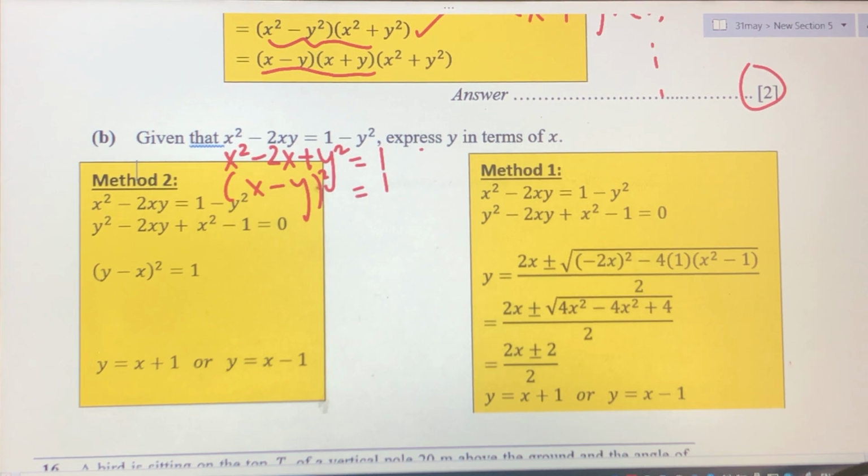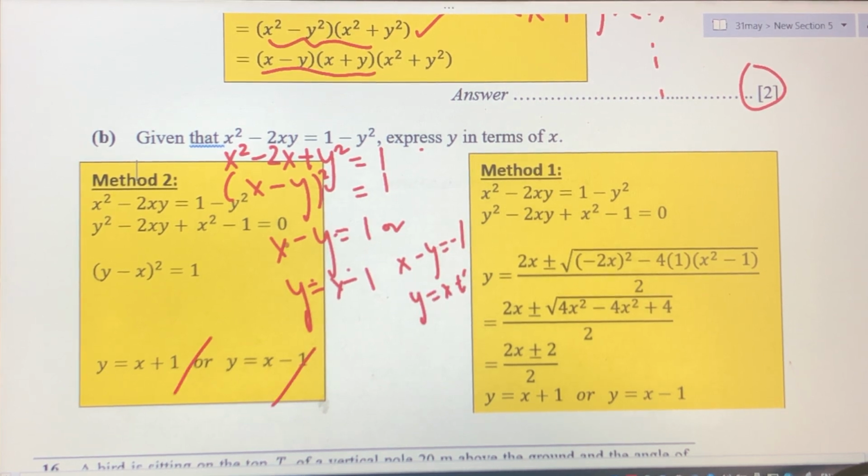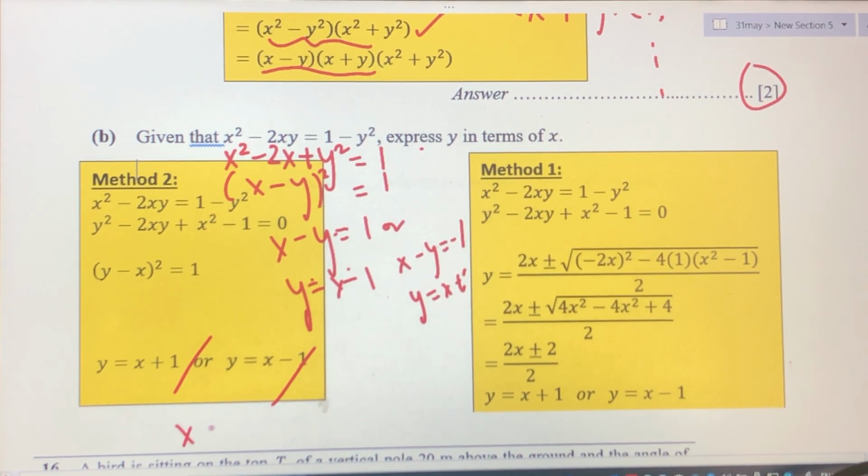Once you can factorize this, you square root both sides. Then you can find y, make y the subject. Then you get these two answers. Now, quite a few of you managed to get this, but in your answer, you simply write this.